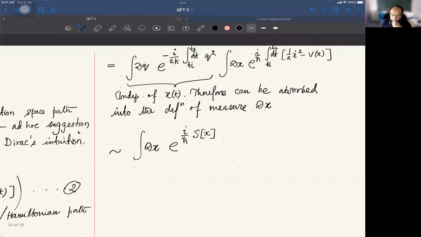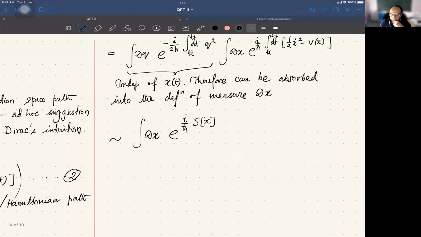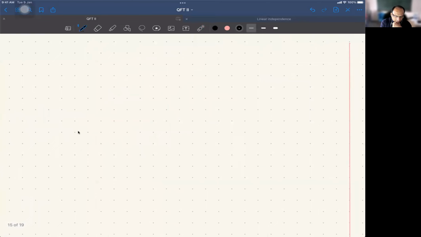Let us now consider a more general Hamiltonian. That's case 2. More general Hamiltonian.